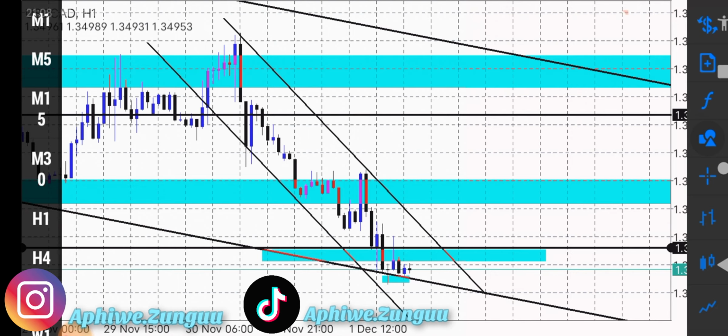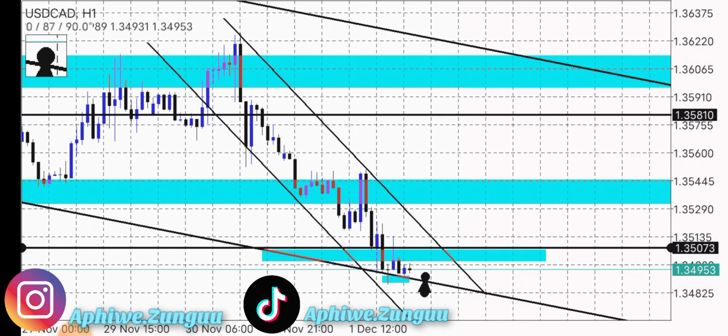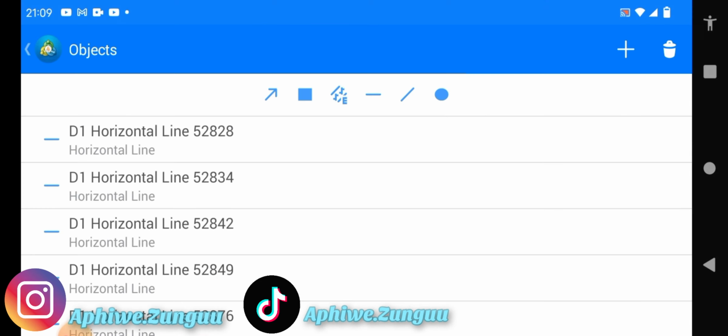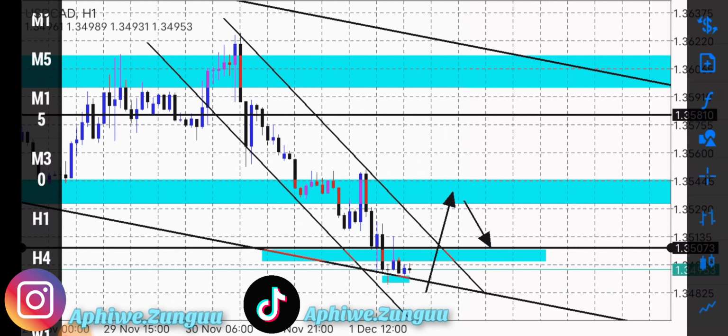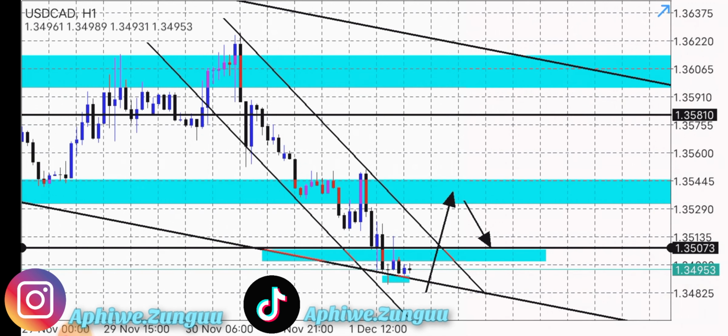So once the market breaks out of our trend, comes back to retest, then we take our entries, and from there we hold them up to the top, right?